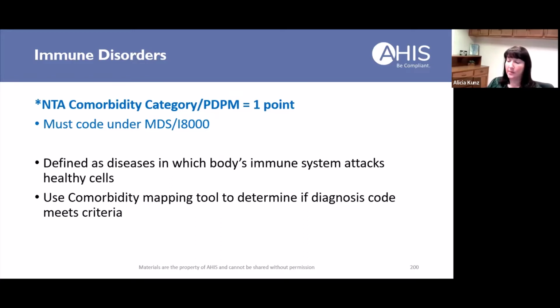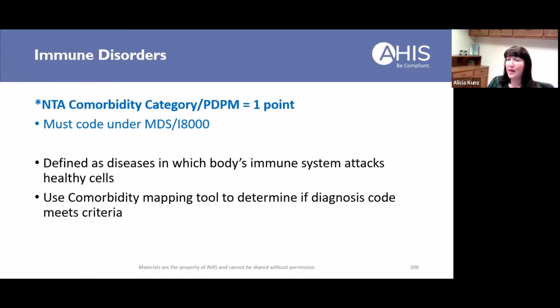So that same tool that we went over, the clinical category tool, there's different tabs at the bottom. There's a tab at the bottom for NTA comorbidities. There's a tab at the bottom for SLP comorbidities. You would click on NTA and you would search for the code that applies to the diagnoses to see if that will get you a point.